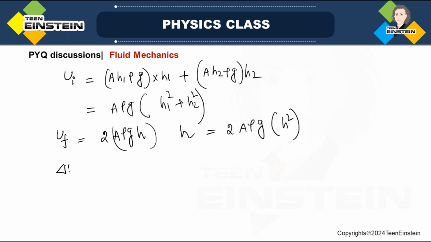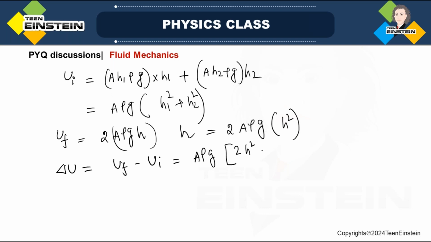So what is the difference in energy? That is Uf minus Ui. Let me find that out. So 2, let it be there. This is A rho g common.